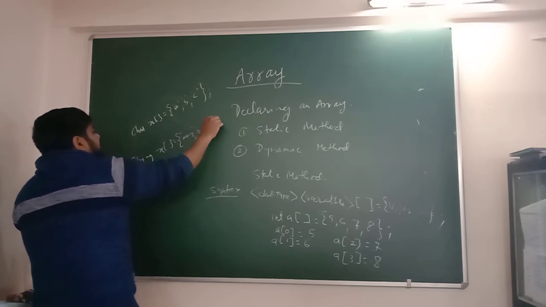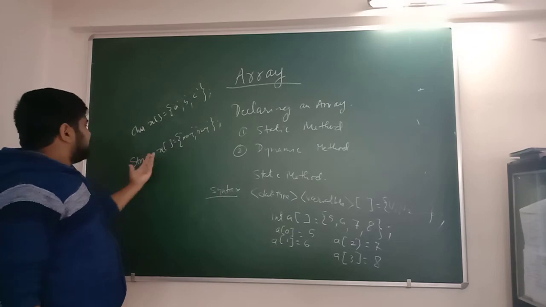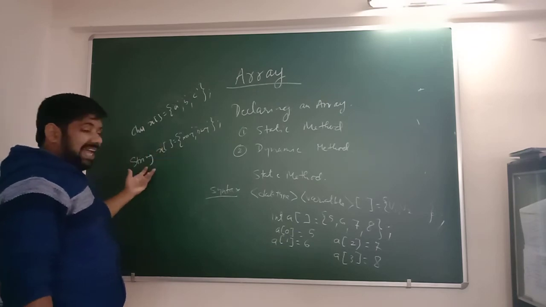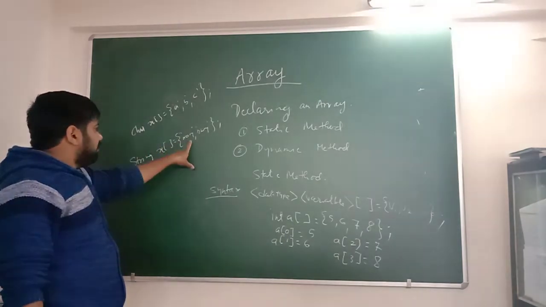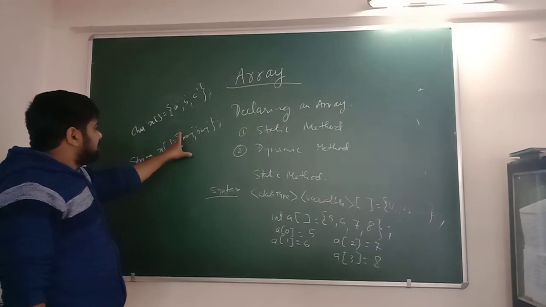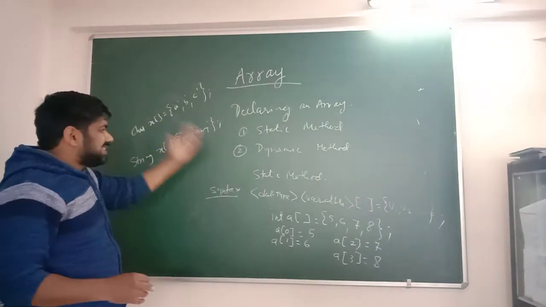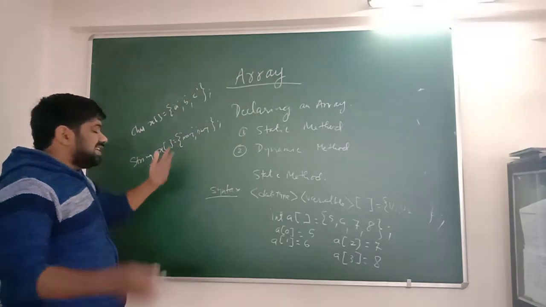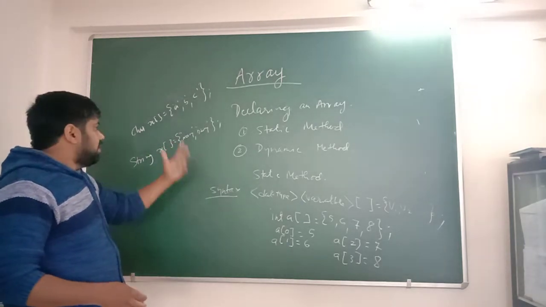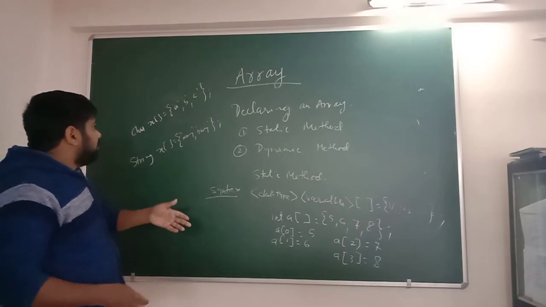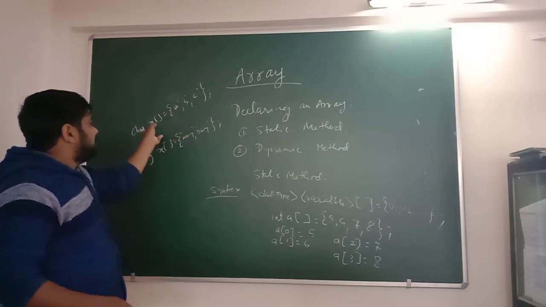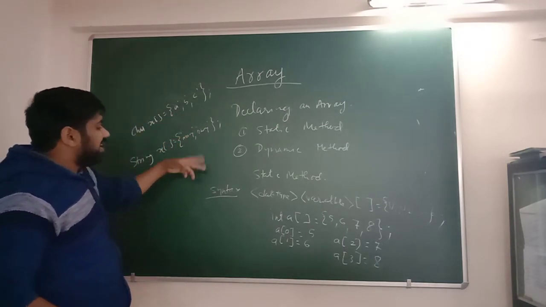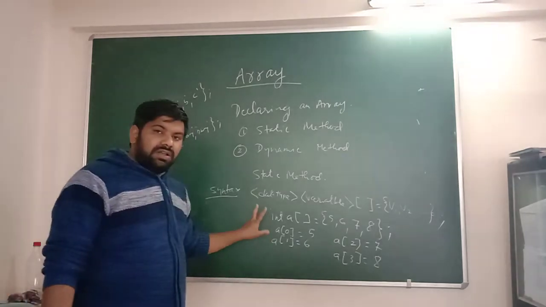If you want to declare any name inside an array of string data type, it should be declared within double quotation marks. So this is the static method, meaning the value is already given to you and you do not have to change it. This is the way you declare a character array, a string array, and an integer array.